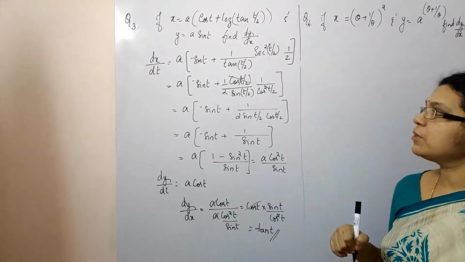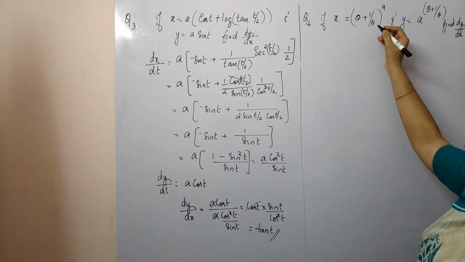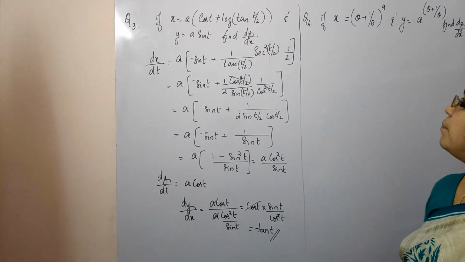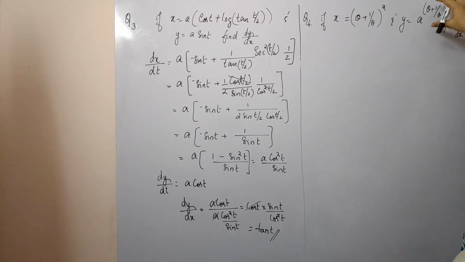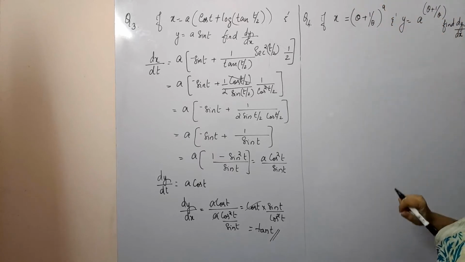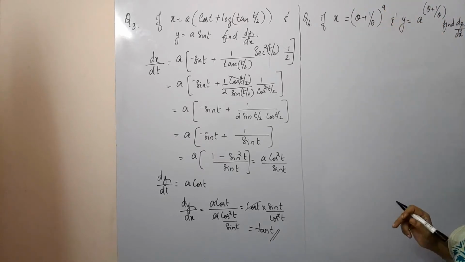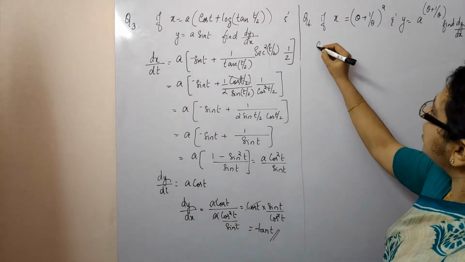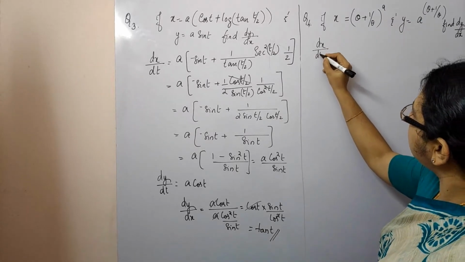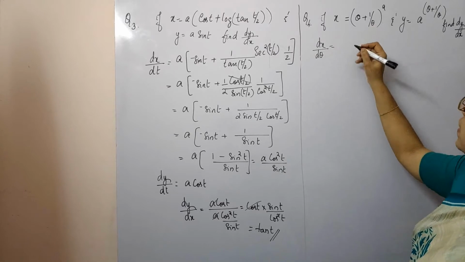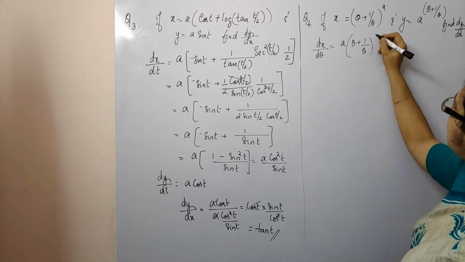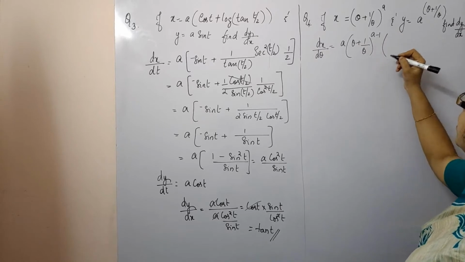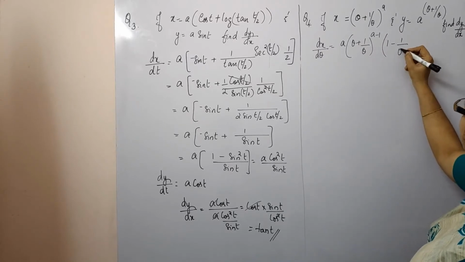Now let's move on to the next question, where x is equal to theta plus 1 by theta raised to the power of a, and y is equal to a raised to theta plus 1 by theta. Here I needn't take log because it is raised to the power of a constant value. So what is dx by d theta? The parameter here is theta. That is a into theta plus 1 by theta raised to the power of a minus 1 into 1 minus 1 by theta square.